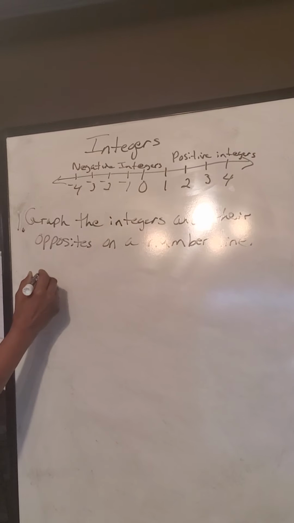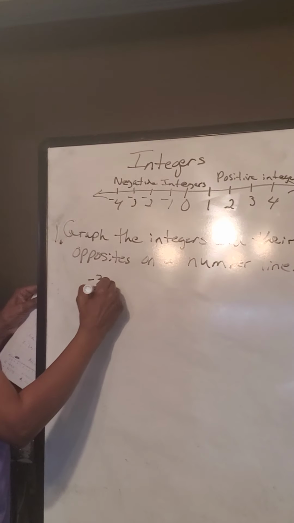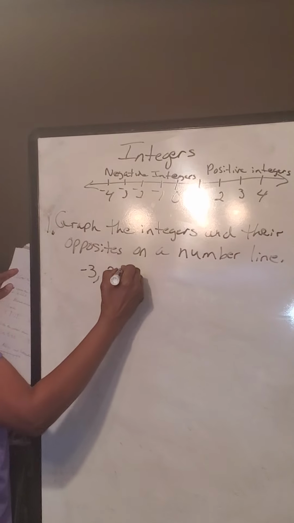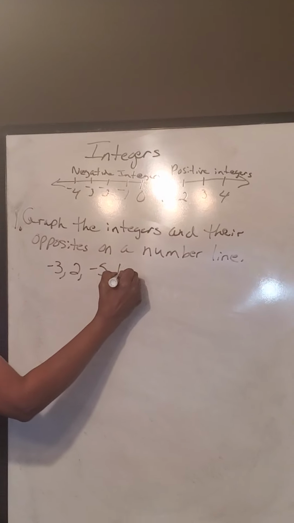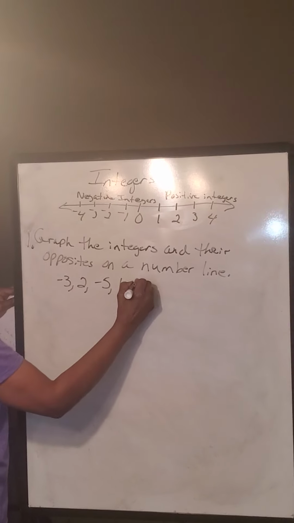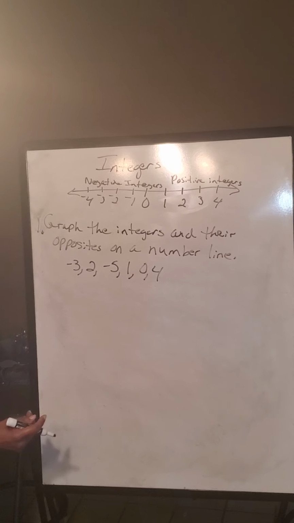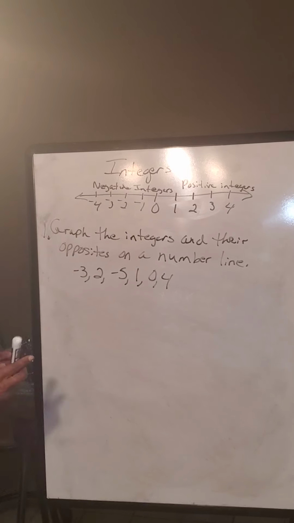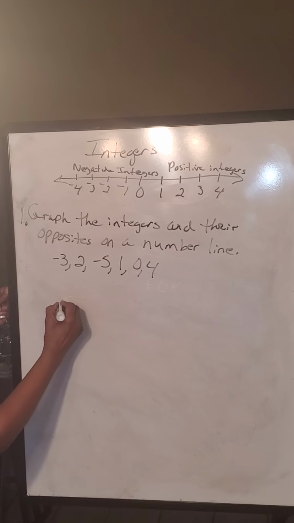So this is example number 1. We're going to graph a -3, a +2, a -5, 1, 0, and 4. So we're going to do these on the number line. So I'm going to draw a number line.